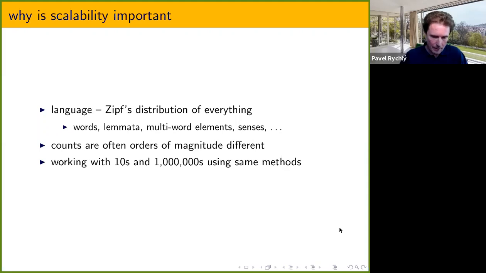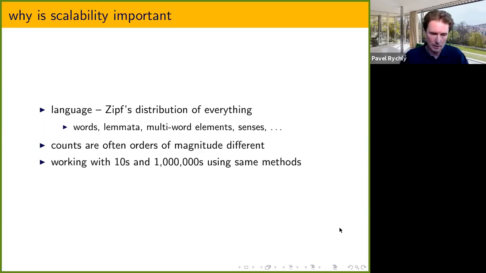So we have to know that the method works for both tens and millions and anything in between, because different words have such different counts.